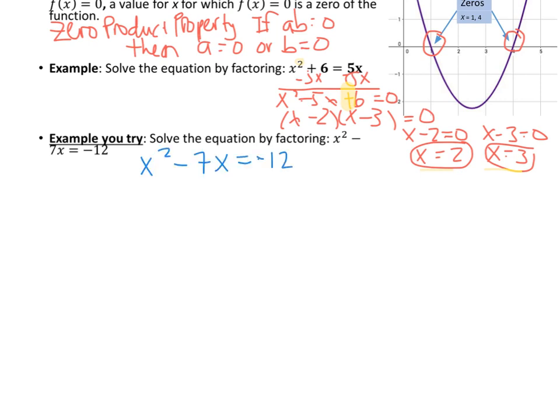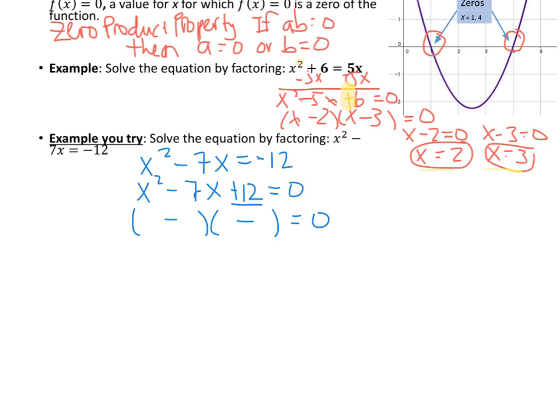Remember, you have to have your quadratic equal to 0, so you have to add 12 to both sides of your equation. Now you can factor. Notice your constant, the plus 12, is a positive sign, so that means my signs are going to be the same.